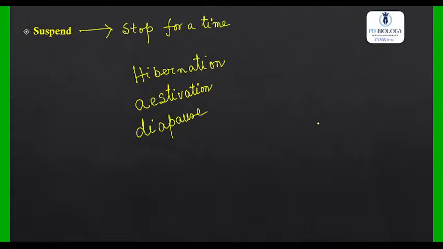Some seeds are also able to germinate 250 years later also. So that is the thing, they can suspend their growth in unfavorable condition and during favorable condition they can germinate. Some spores also make themselves, but their duration is not so high in all the species.